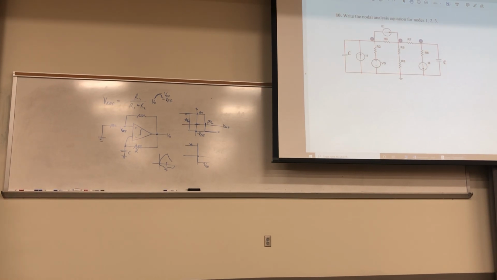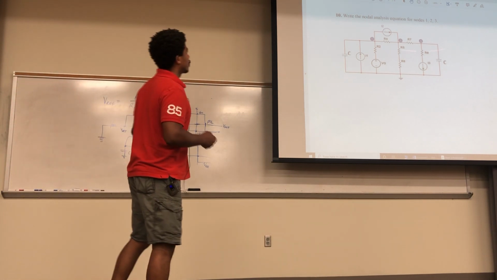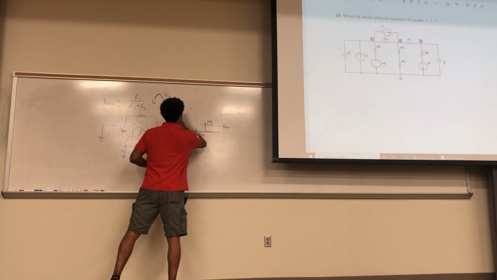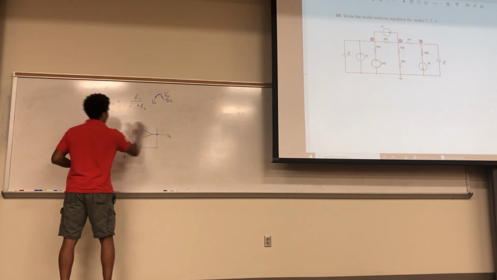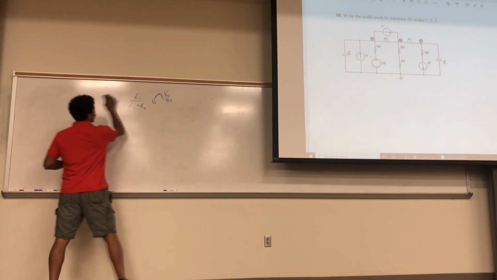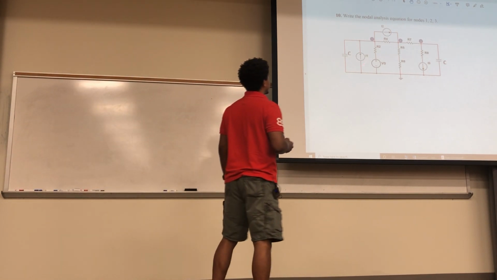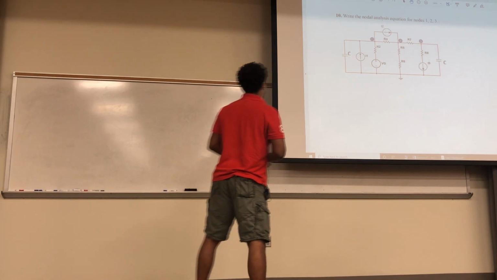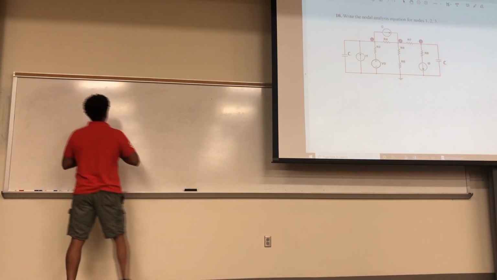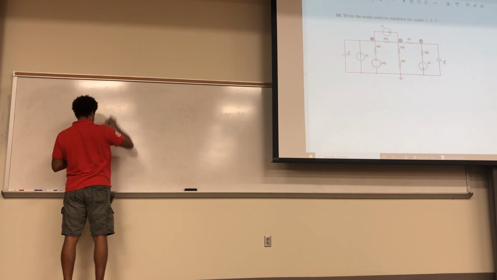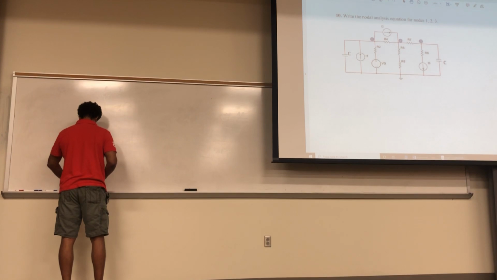Okay. So write the nodal analysis equation for nodes 1, 2, and 3. In this one right here, we have 3 voltages. So remember, for this we have your sources.